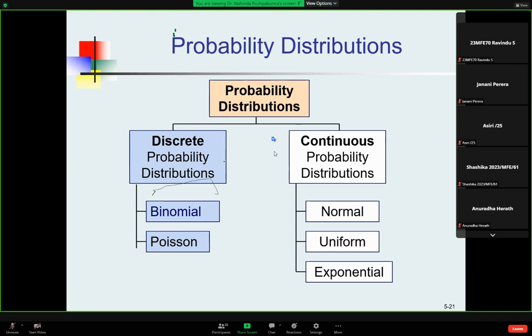Then today, our discussion is about binomial distribution. This is a mathematical model which we can use to calculate probability related to discrete random variable.